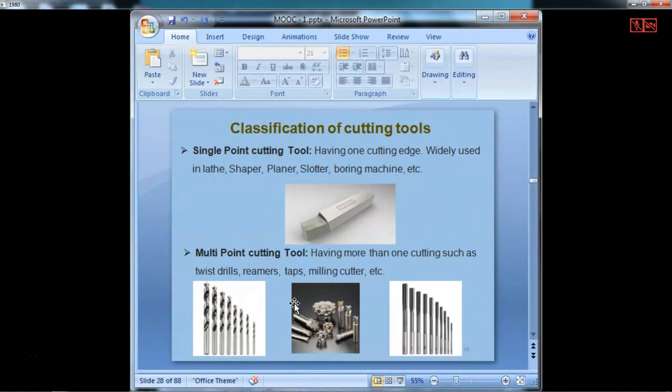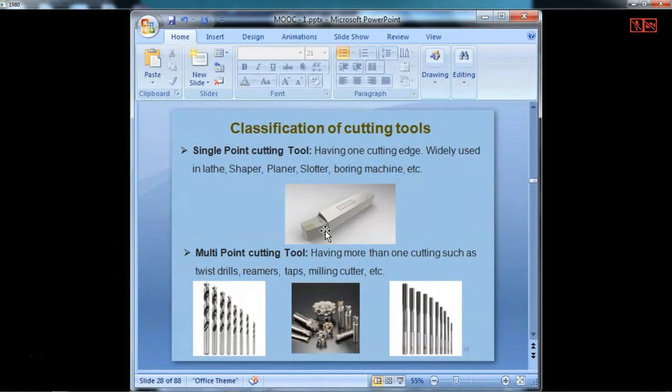You have probably done practicals in your first year workshop, where you might have machined something by using the lathe machine, where a single point makes the contact and the material is removed. But if you look at the milling operation, you will have a cutting tool with several cutting edges, and there will be a transition from one cutting edge to the other, and in between there will be a gap.